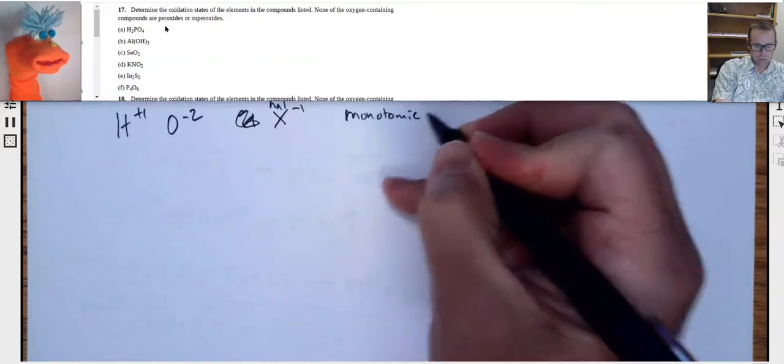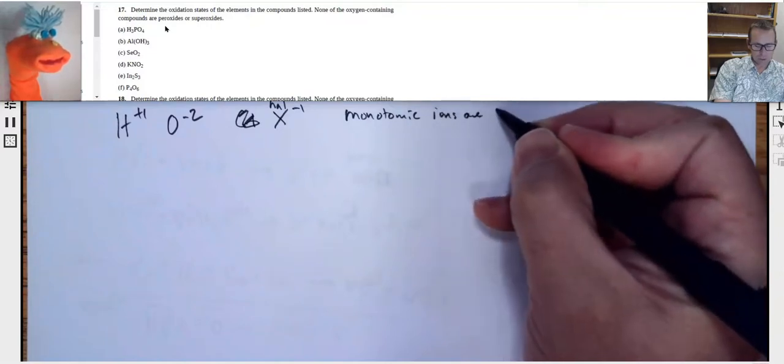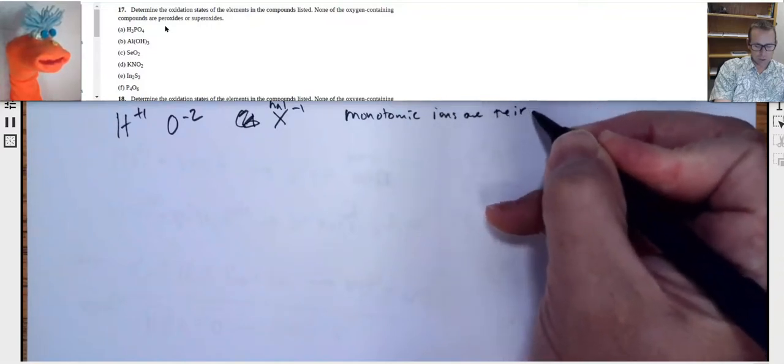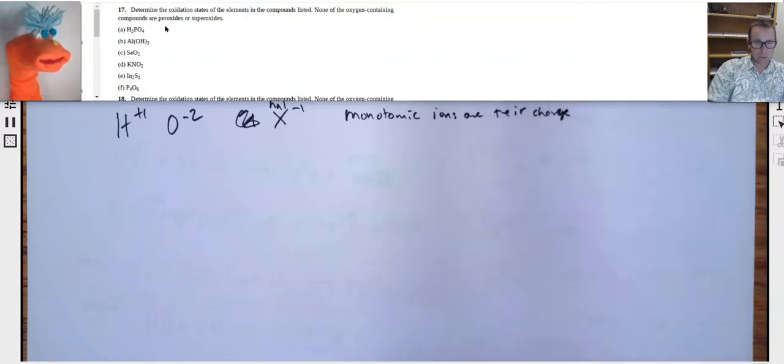Monatomic ions are their charge. Or in other words, if it's a calcium ion with a +2 charge, that's the oxidation state. It's a +2. Chloride ion, -1 charge, that's the oxidation state, -1.